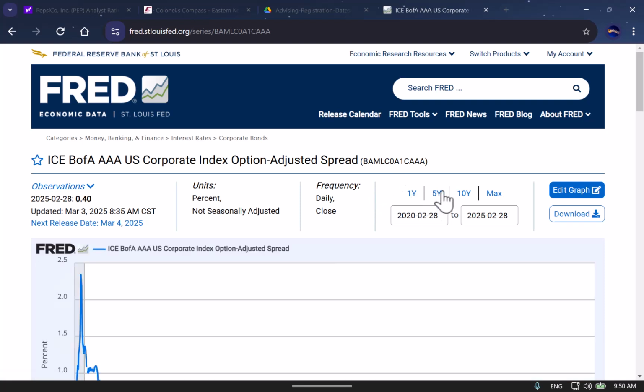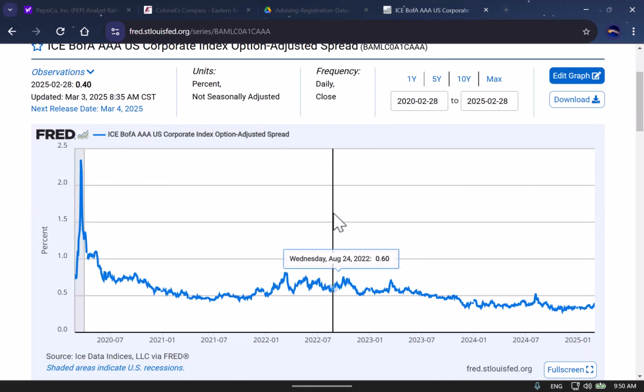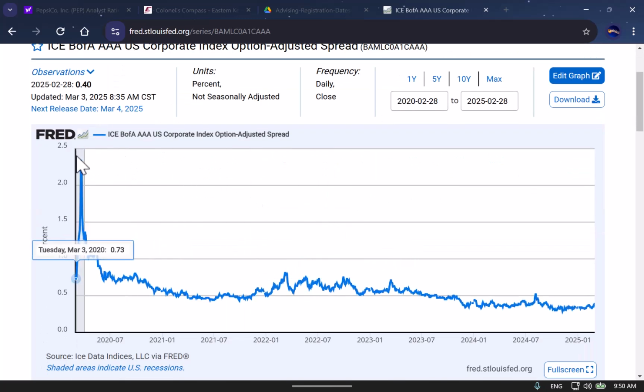Let's just do 5 years so that we get a little bit better picture. Even the AAA spreads went as high as a little bit over 2. Okay. AAA means there is almost no risk whatsoever of default or not paying the interest rates.